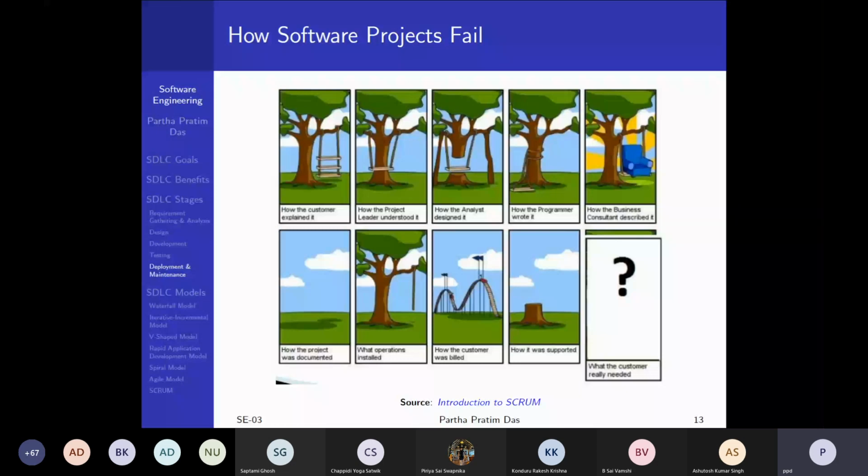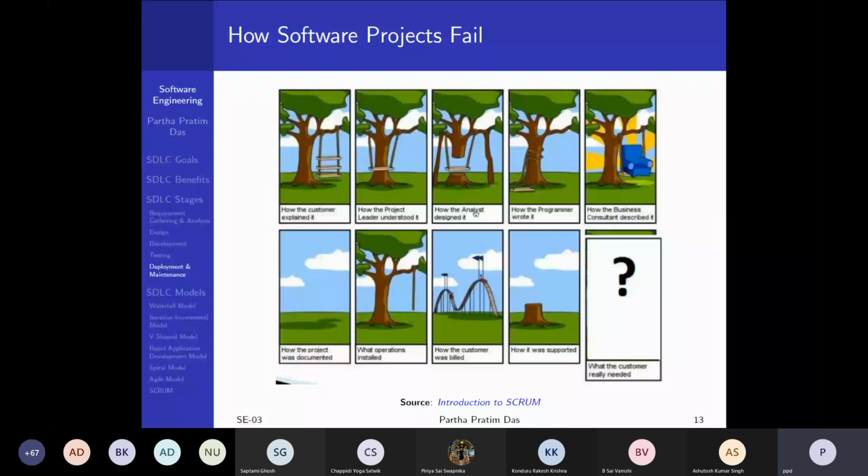Here the customer, in a very broad sense, possibly wanted a swing from a tree, something like that. The first, top left diagram shows how the customer explained it to your project team. The next diagram is what the project team understood: that it should be of one plank and should be tied on both sides.